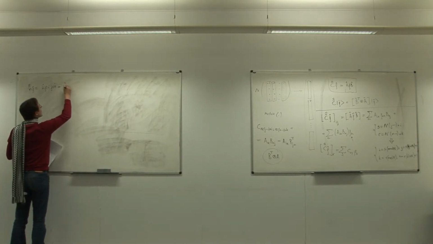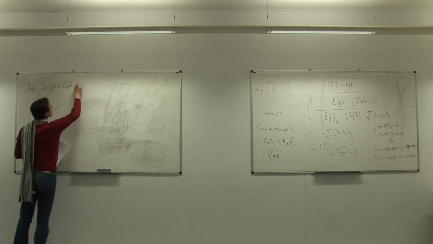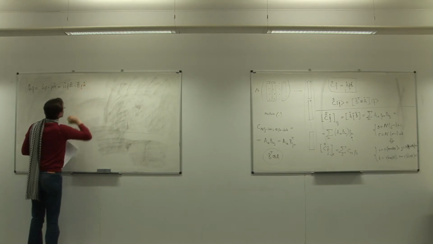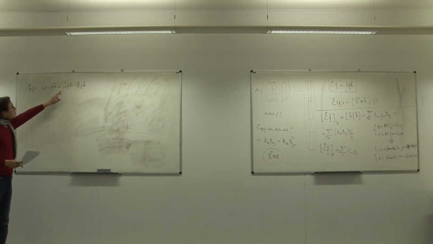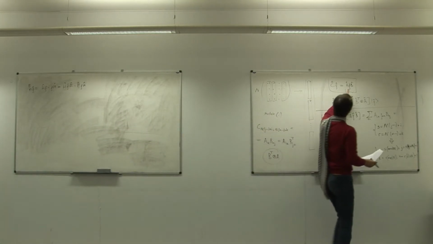It will be H rho identity operator minus identity operator rho H. And you see we've got just two terms each of this exact type.